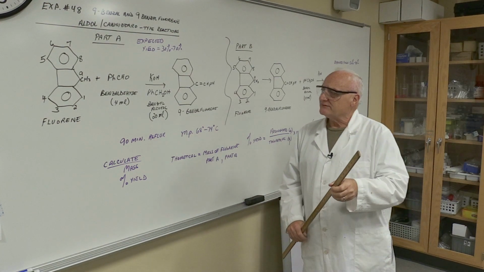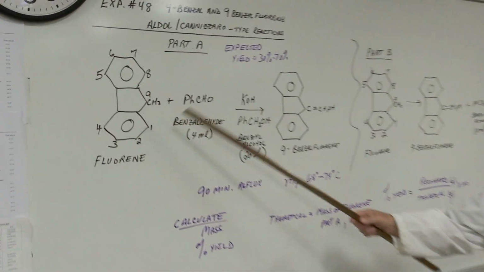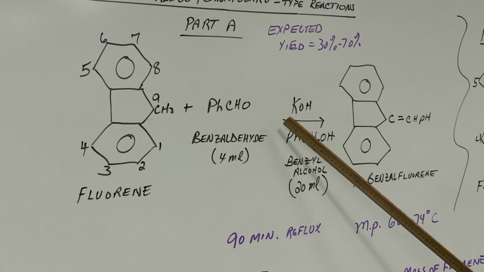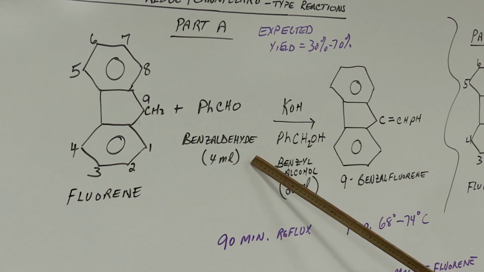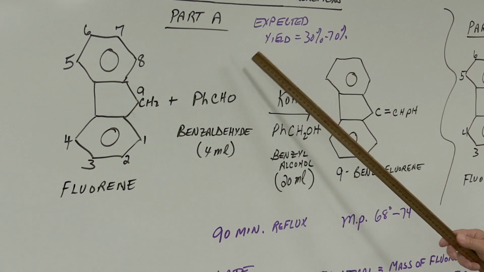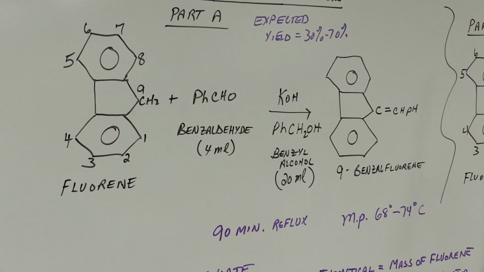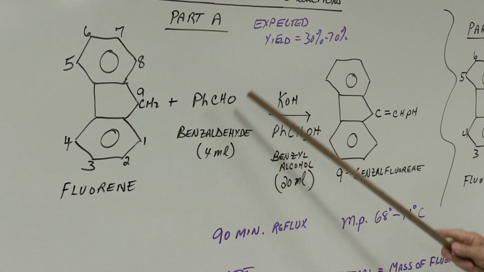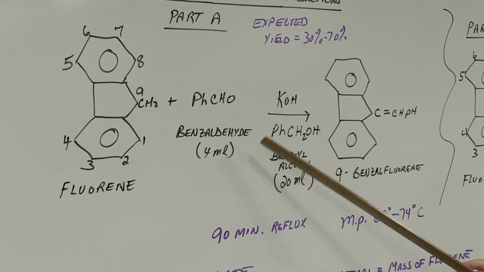We're starting off with fluorene, adding benzaldehyde, and I'm noting the quantities here because we have two parts we're doing, part A and part B. So there's different quantities of the reagents involved.